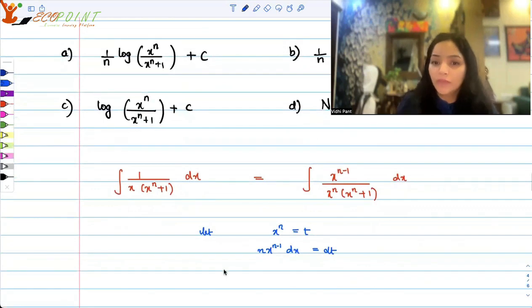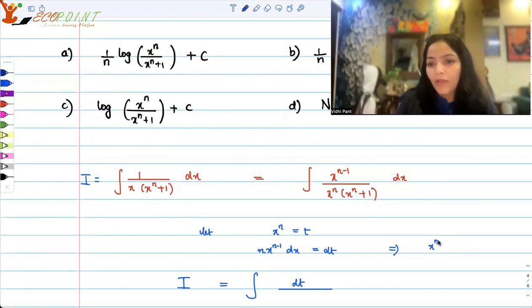Let's make use of this substitution, which gives us our I, let's call this integral I, it becomes dt upon, so we have x to the power n minus 1 dx as 1 upon n dt. So, n in the denominator here, or 1 upon n dt. And here I'm going to have t plus 1.